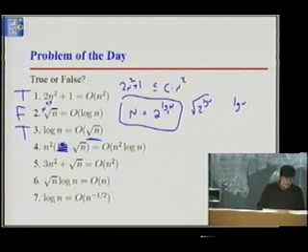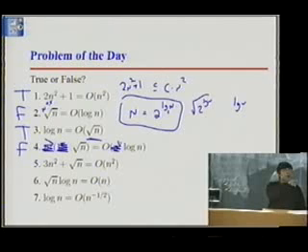Here I've now got n squared log n versus n squared square root n. If I want, I guess I could cancel the n squareds. This might be how I would think about it. And now I'm back to the same comparison that I had before, right? So the answer here has to be false. N squared square root n is much bigger than n squared log n. Any questions about that? People see why that is.